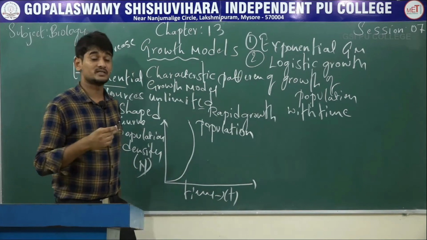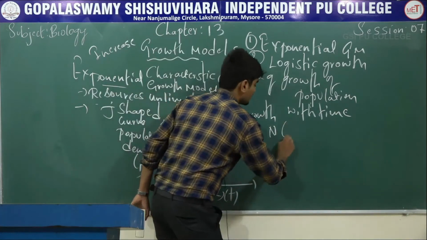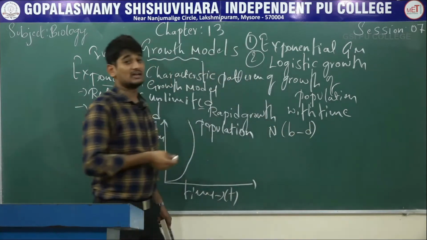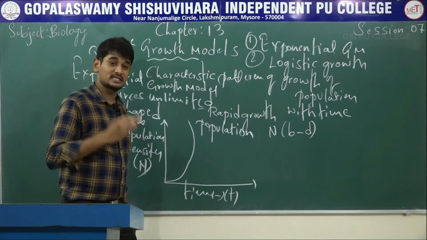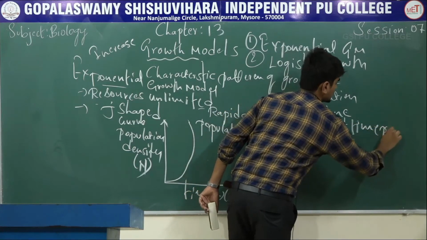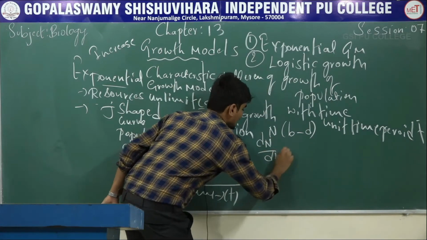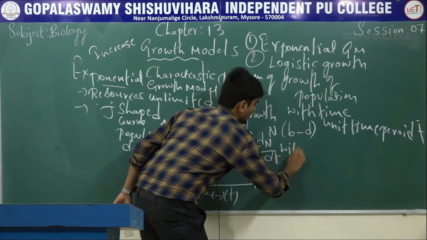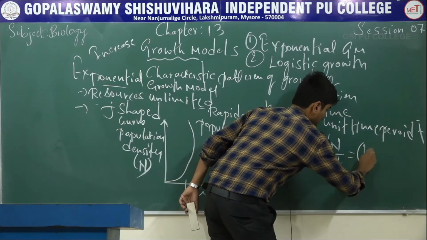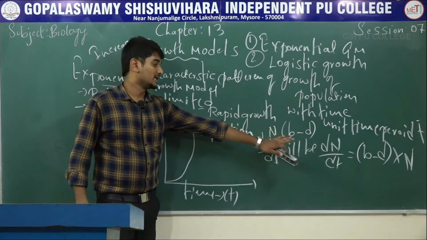If the population size is considered as N, the birth rate per capita is represented as B, and the death rate per capita as D, we have to calculate the increase or decrease in population size during a unit time period, T. The equation is dN/dt equals (B minus D) times N, where N is the actual size of the population.